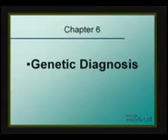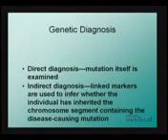Using genetic diagnosis techniques, DNA testing, we can often determine exactly whether or not an individual has inherited a disease-causing mutation. In your book, you will find that there are 2 major kinds of genetic diagnosis or genetic testing. These 2 types are known as a direct diagnosis and indirect diagnosis.